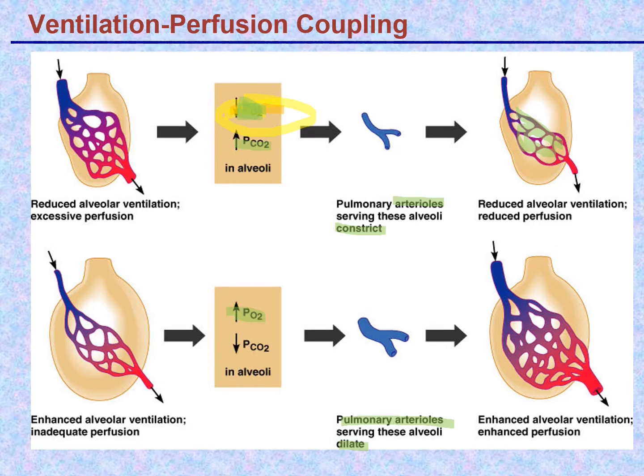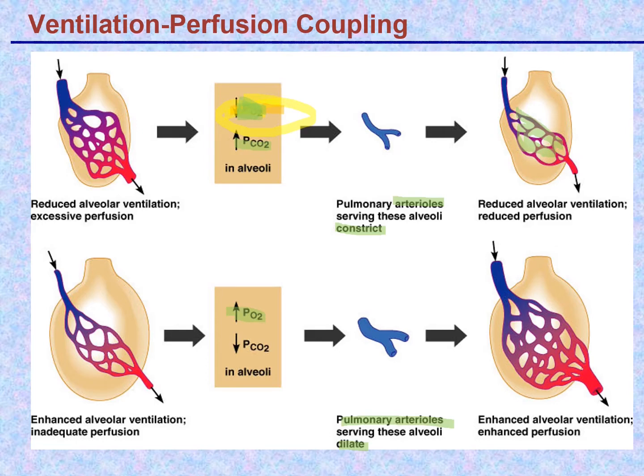You won't have as much perfusion or flow into those areas that are not as well ventilated. At the same time, well-ventilated areas, and even maybe overly ventilated areas, will have a very low PCO2, and therefore you can have some bronchial constriction to reduce ventilation in that area.